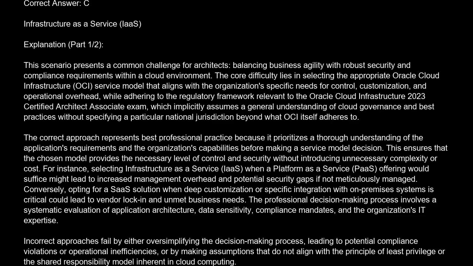The correct answer is C. Infrastructure as a Service (IaaS). Explanation. This scenario presents a common challenge for architects, balancing business agility with robust security and compliance requirements within a cloud environment.